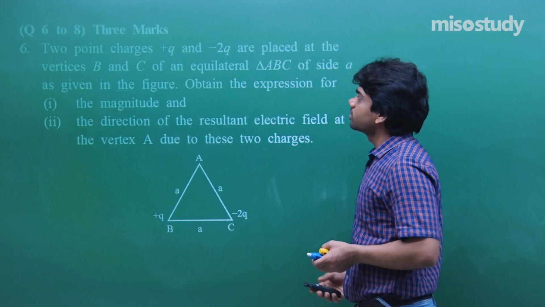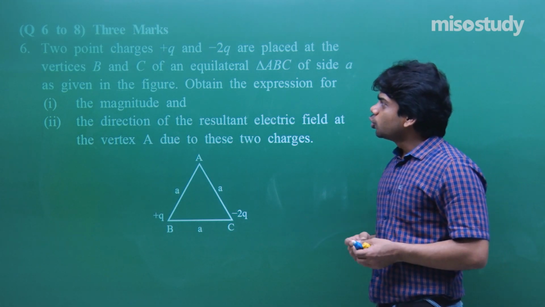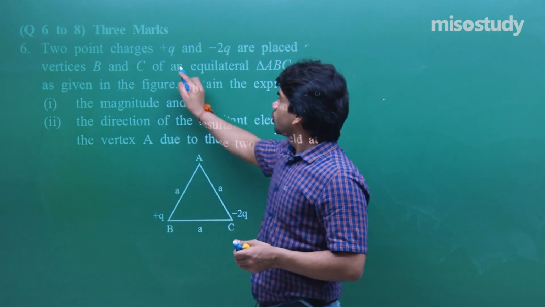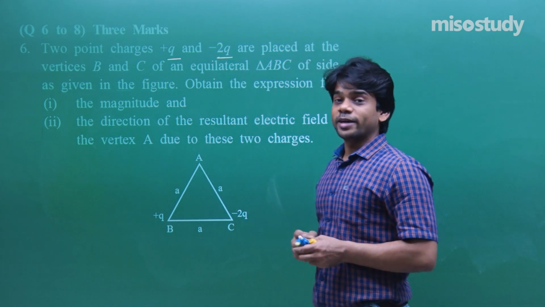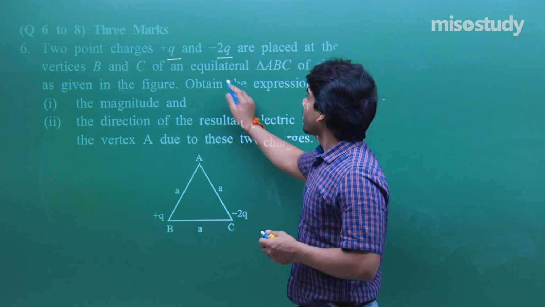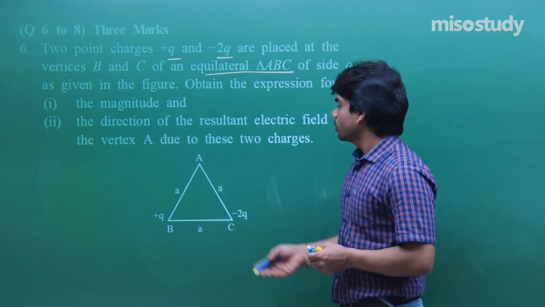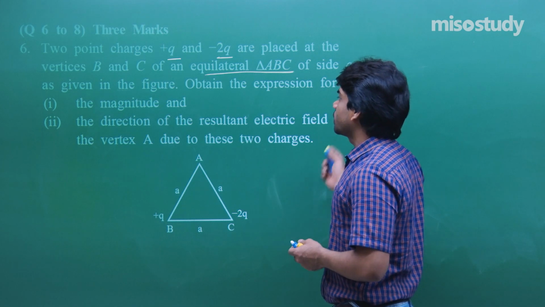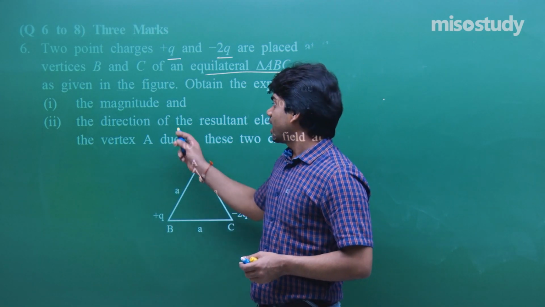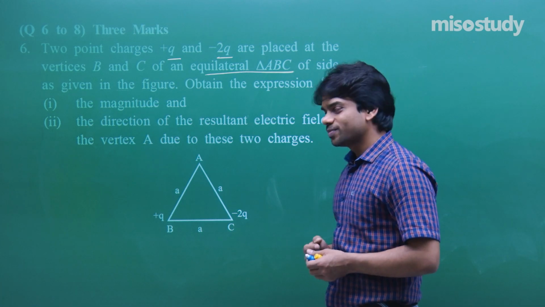Next question comes, 6th one, and 6, 7, 8 are 3 marks questions. 2 point charges plus q and minus 2q, different magnitude charges, are placed at the vertices B and C of an equilateral triangle ABC of side a as shown in the figure. Obtain the expression for the magnitude and the direction of the resultant electric field at the vertex A due to these two charges.